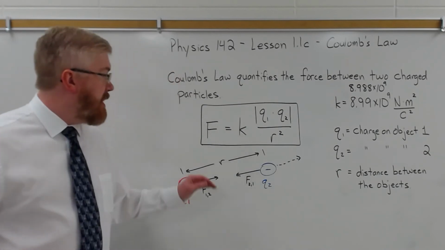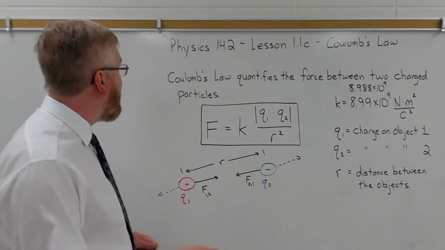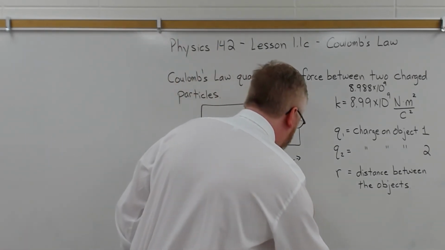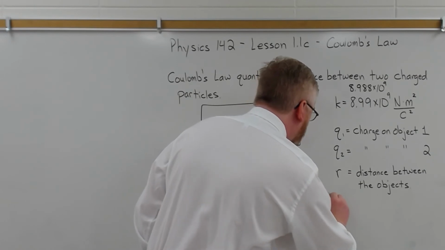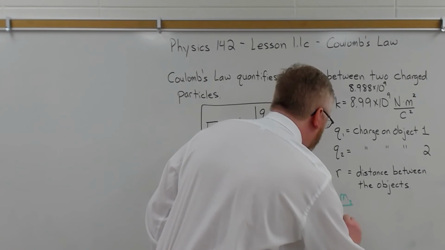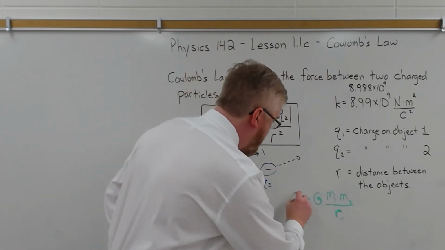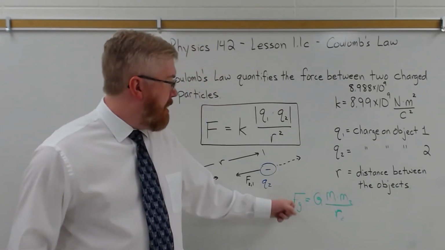Note the similarities between the form of Coulomb's law and Newton's law of gravity. Newton's law of gravity, which I'll write down here, F sub g is equal to the gravitational constant times m1 times m2 over r squared. This is Newton's law of universal gravitation. It's a similar format.